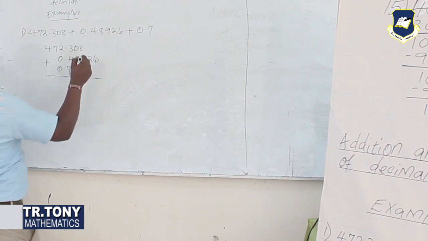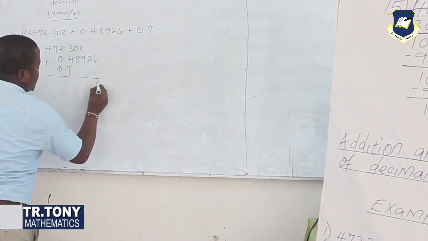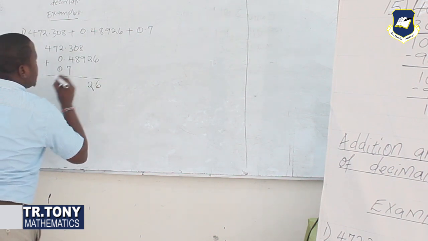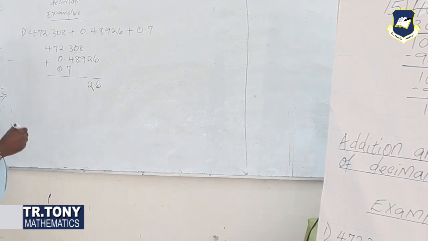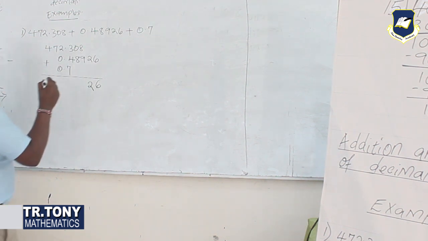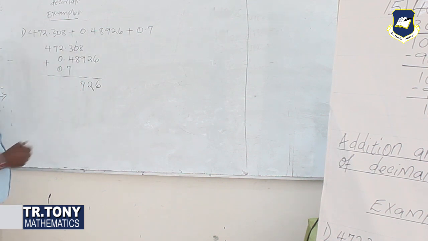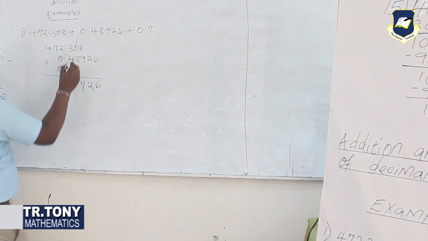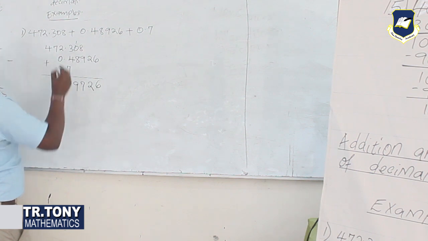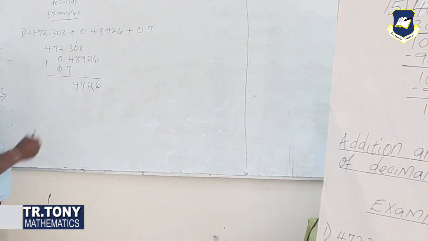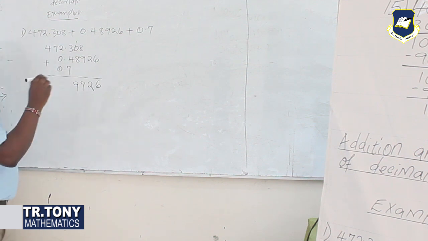Then this gives us 6. 8 plus 9 gives you 17. So you write 7, you carry 1. 1 plus 0 gives you 1, plus 8 gives you 9. 3 plus 4 gives you 7. 7 plus the other 7 here gives you 14.